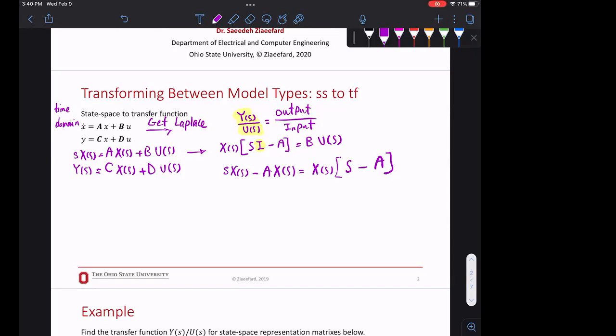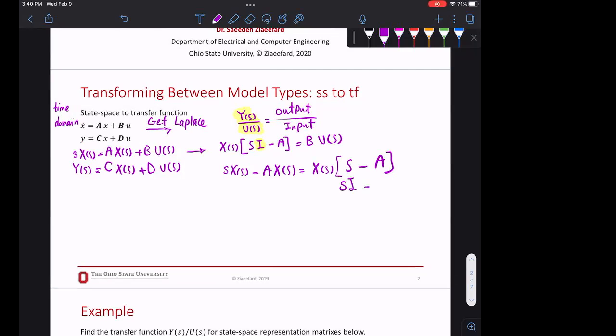So to do that, we can say sI minus A. Now, if our A is 2 by 2, we actually have [1, 0; 0, 1] times s minus that 2 by 2 A. So it's like [s, 0; 0, s] minus A. Now we can mathematically perform this. Remember, this I is important and where it came from. This is where your previous knowledge comes in handy, right? So taking math was not useless.